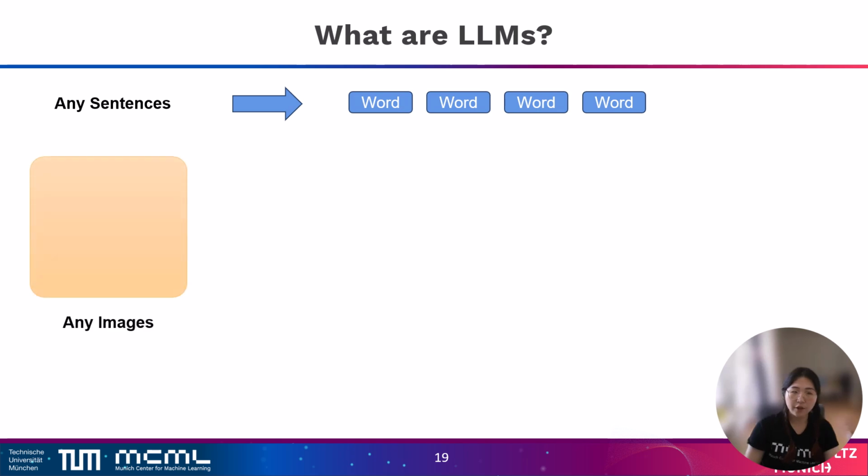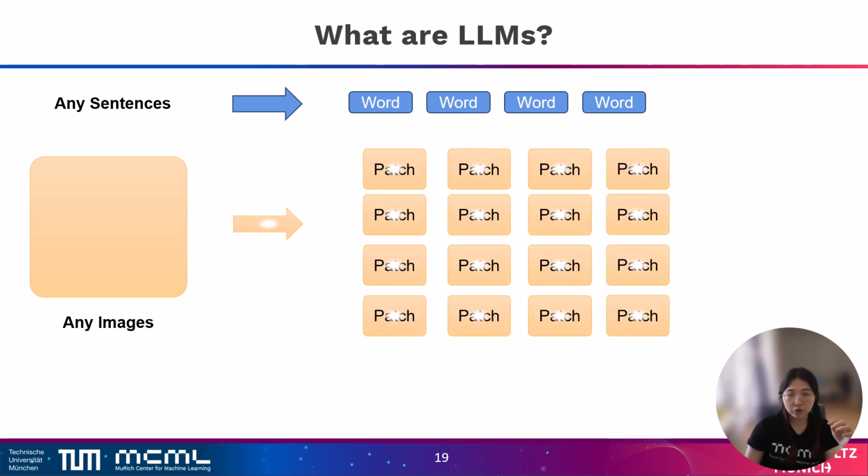So how about images? Because now we all know that large language models are not just for language, they can also handle image questions. Actually, it is also really simple for images. What we do is also split the image into really small units, like patches. For this image, I split it into 4 times 4, 16 patches, and the patches become the base unit of the image.